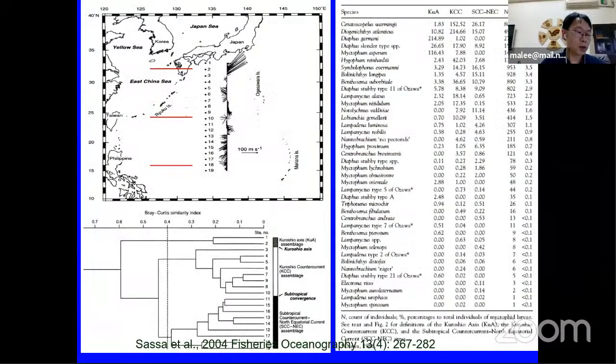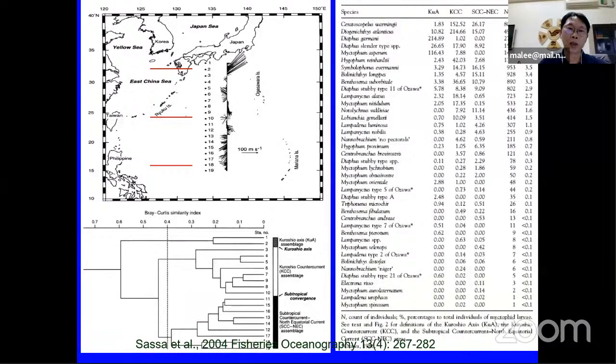And this slide is like I said earlier, which topic you like to do. This slide tries to show we hope to know the species composition and the dominant species in the Kuroshio area.